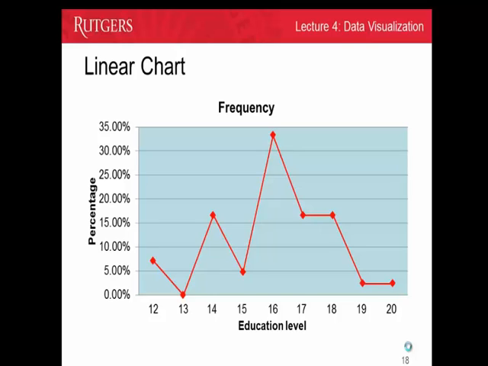So we choose another column in the employee master data, which is called education level. Because the value of the educational level is ordered, it complies with the definition of ordinal data. So we choose this column here to demonstrate the line chart.